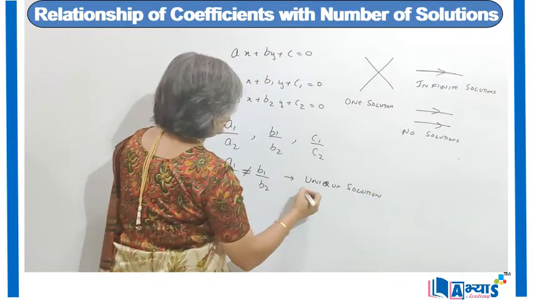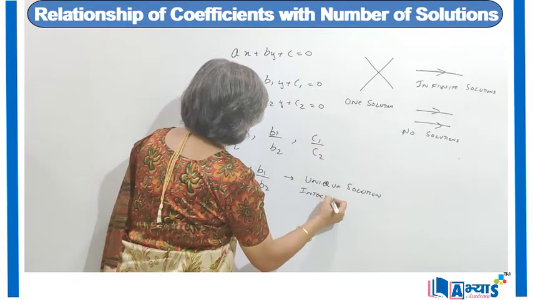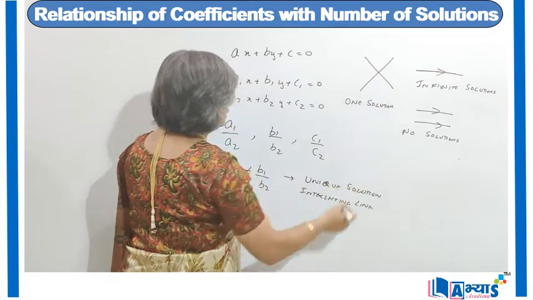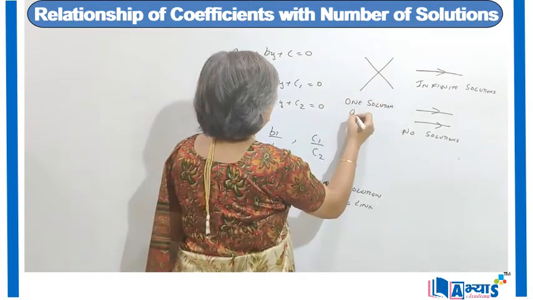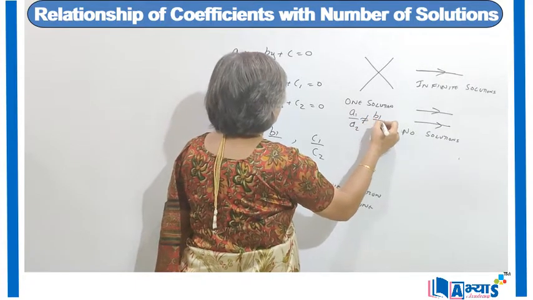That means the lines will intersect each other. Intersecting lines.